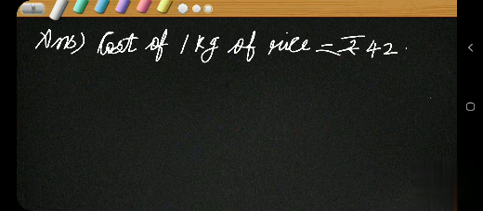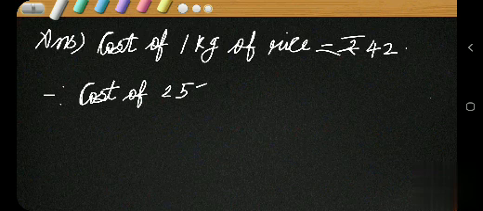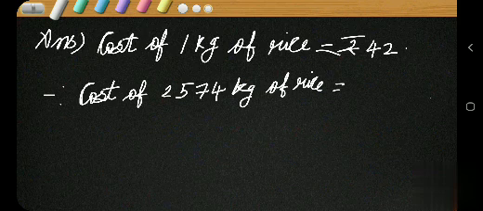What will be the second step? Yes, therefore, cost of 2574 kg of rice, isn't it? Therefore, cost of 2574 kg of rice is equal to, how to find?